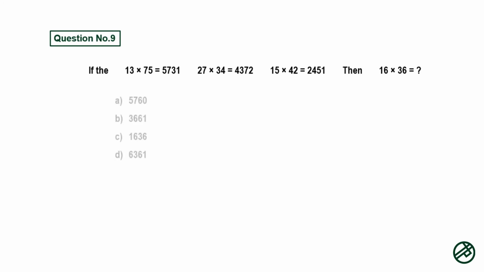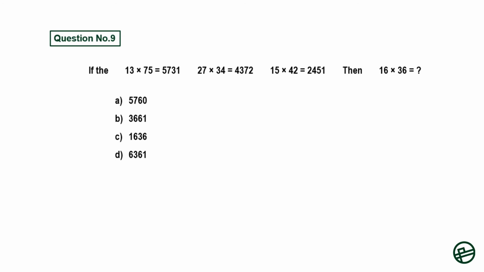Question number 9. If 13 multiplied by 75 equals 5,731, 27 multiplied by 34 equals 4,372 and 15 multiplied by 42 equals 2,451, then 16 multiplied by 36 equals? Option A, 5,760.